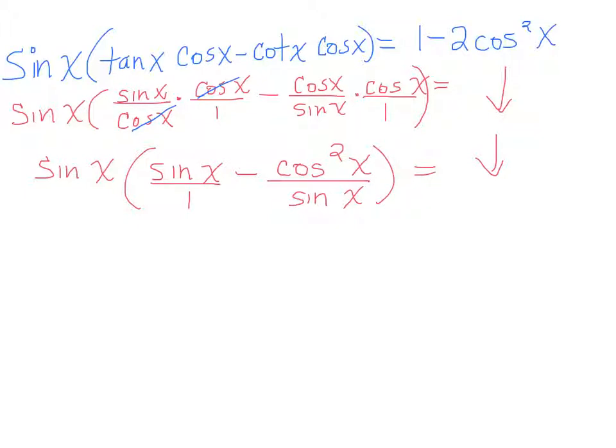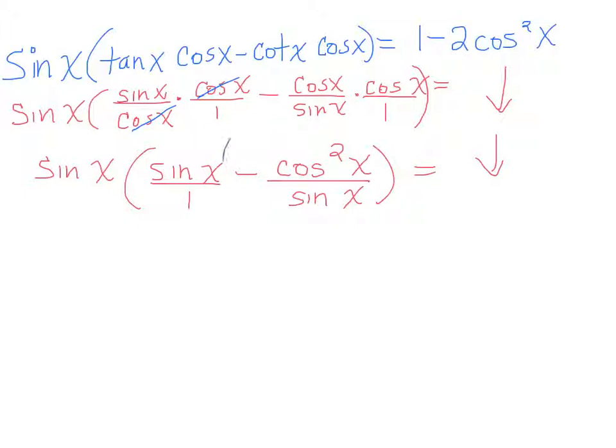What's going to be the common denominator for this? It's sine, right? Because this one we have to change into sine. So in order for us to change this into sine, we need to multiply top and bottom by sine.